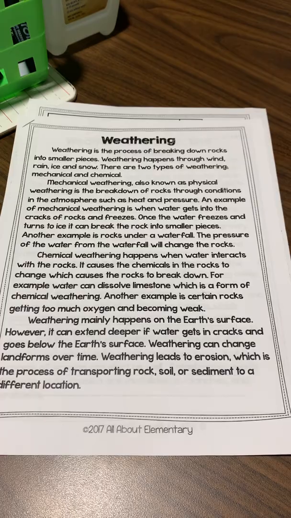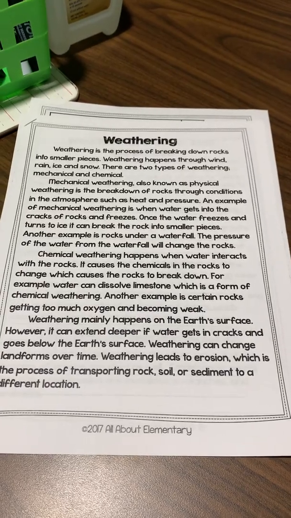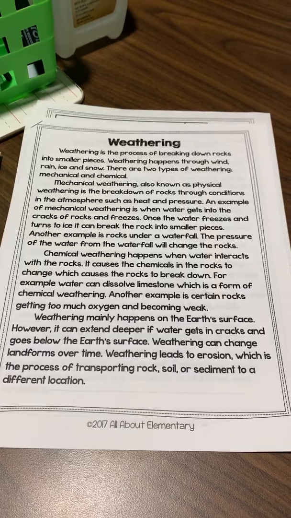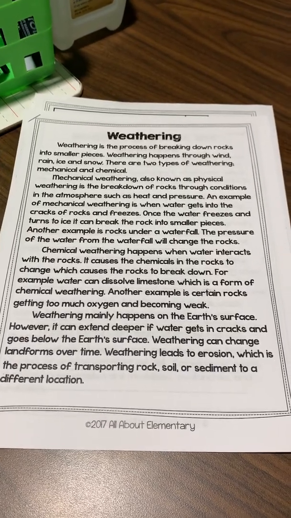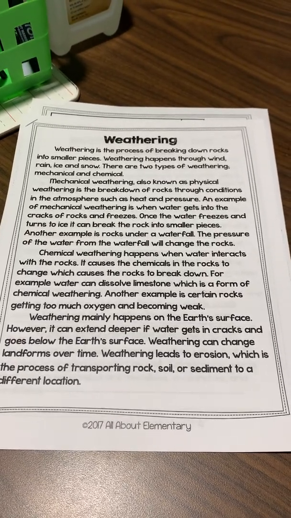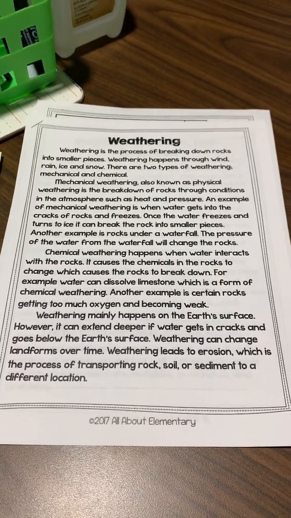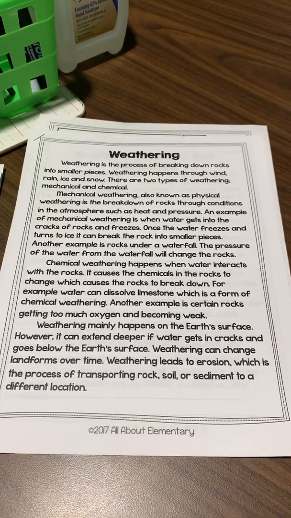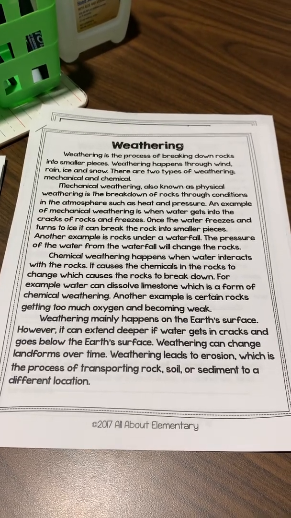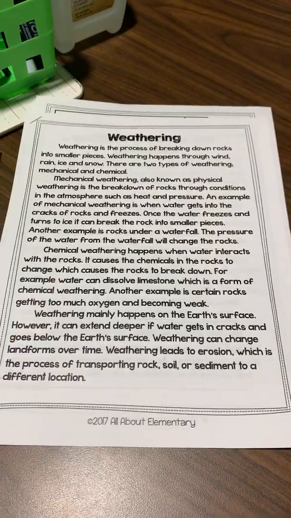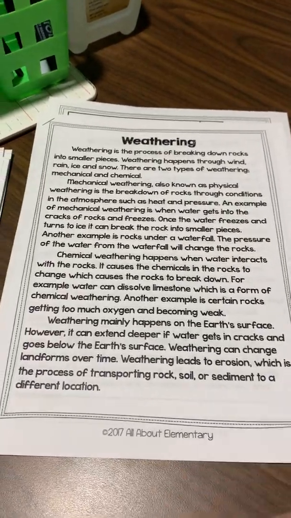Another example is certain rocks getting too much oxygen and becoming weak. Weathering mainly happens on the Earth's surface. However, it can extend deeper if water gets in cracks and goes below the Earth's surface. Weathering can change landforms over time. Weathering leads to erosion, which is the process of transporting rock, soil, or sediment to a different location.